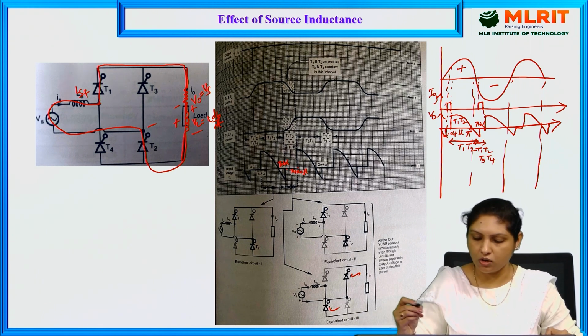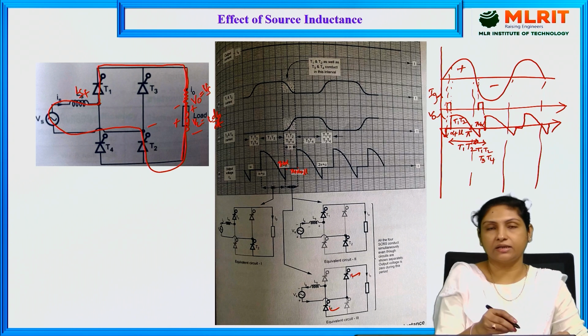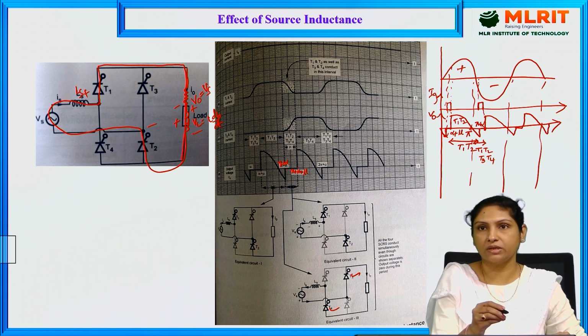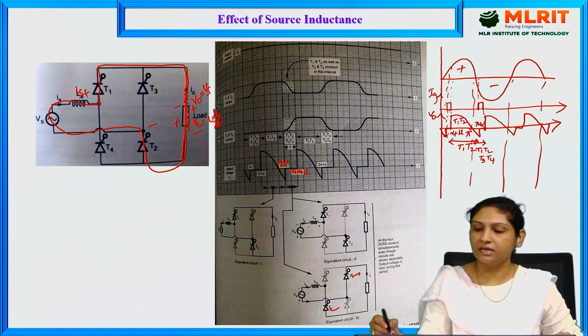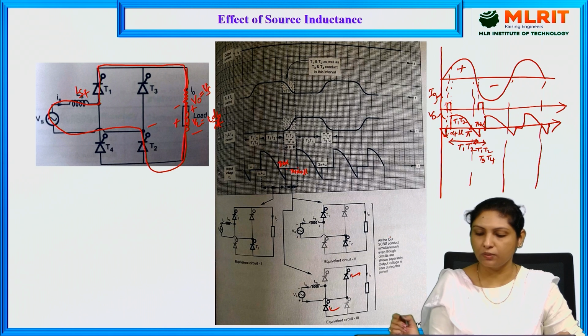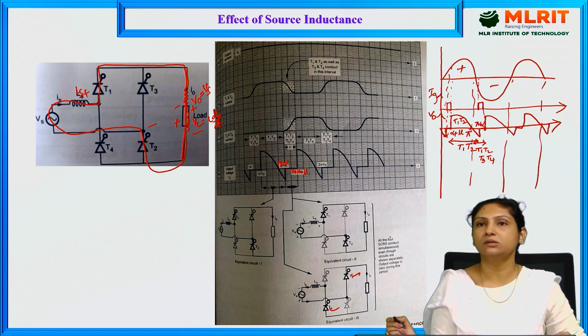It is because the energy stored in the source inductance will be maintaining T1 and T2 still in conduction state, whereas T3 and T4 are turned on due to the negative half cycle. So that is the reason all the 4 thyristors will be turned on during this period of time.